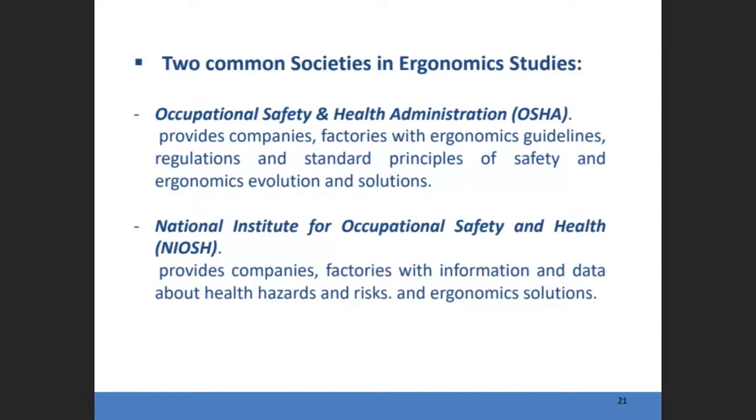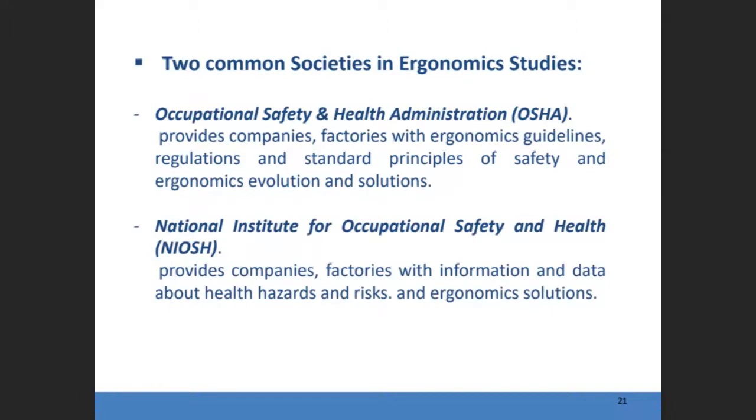Maybe you ask, they seem similar, OSHA and NIOSH, what is the difference between them? The difference is that NIOSH, the National Institute, is a research and education institution, not a legal agency. OSHA is a legal agency. That's why you see regulations, OSHA creates regulations.